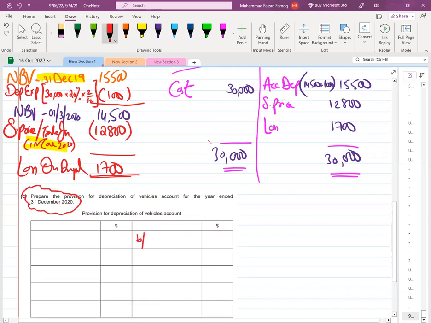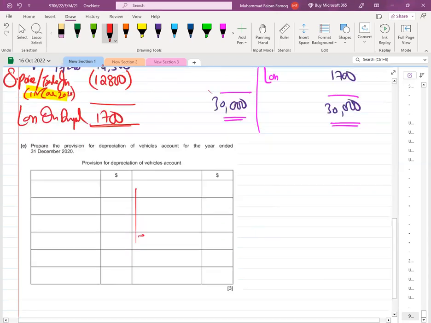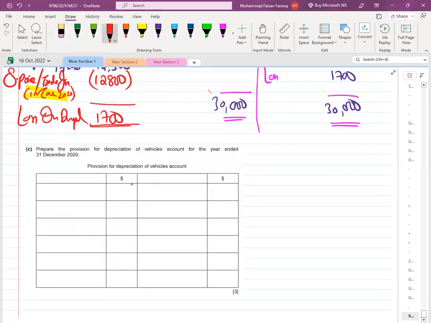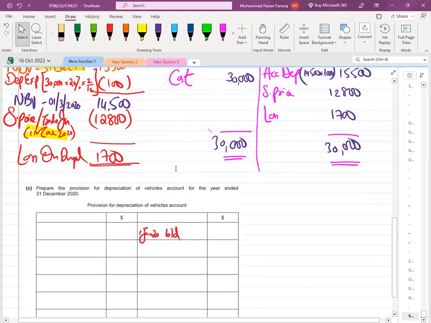December 2020 means the BD is for which date? First of January 2020. Do we have this BD or not?